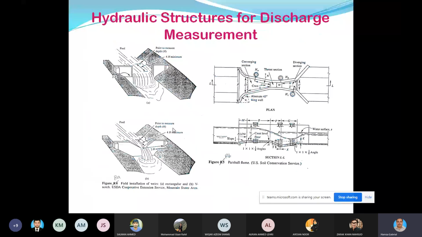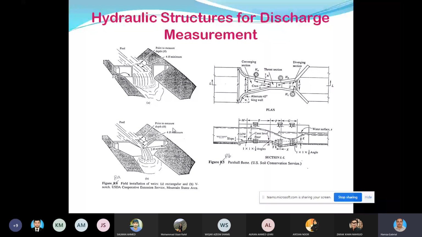Then coming to the hydraulic structures which can be used for discharge measurement, we can install weirs, different types of weirs. Like in the figure, you can see the rectangular weir and V notches.